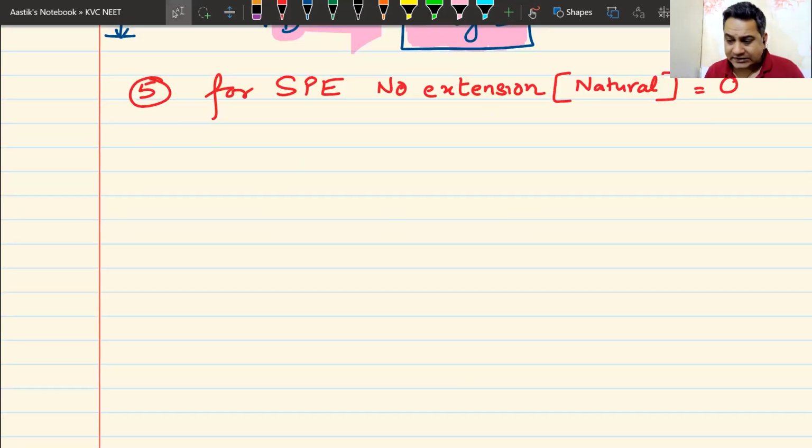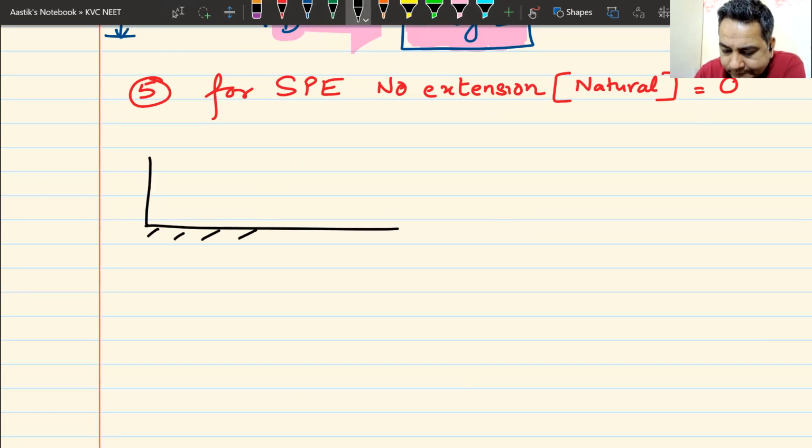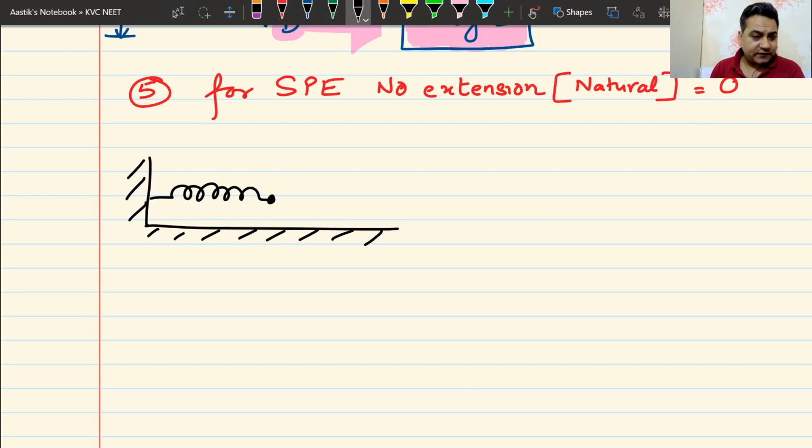So now let us think about spring. So I am going to draw a spring. Spring would be normally attached to something. Now this is the natural length of the spring. Sometimes we call it L or L naught.